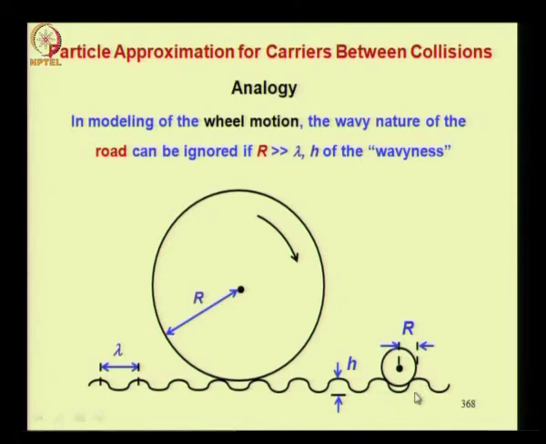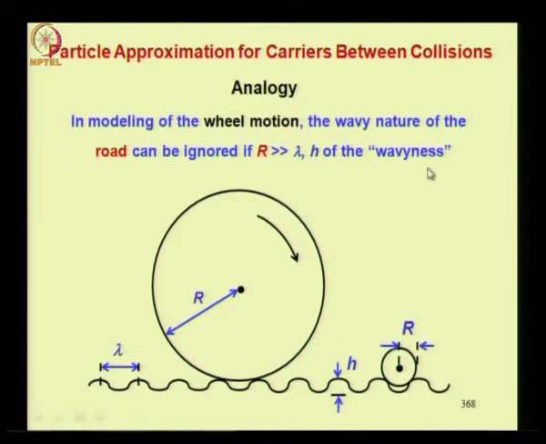become important. So putting this in the form of a statement, in modeling of the wheel motion, the wavy nature of the road can be ignored if radius r of the wheel is much greater than lambda or h, this dimension of the waviness.